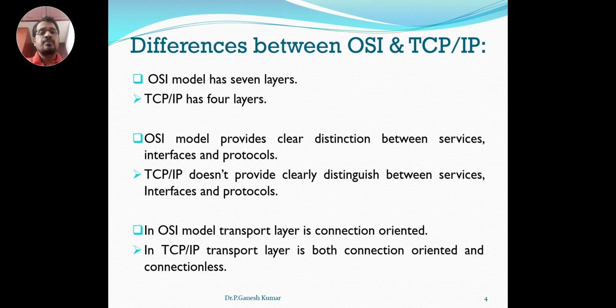The Transmission Control Protocol supports connection oriented services, whereas the User Datagram Protocol supports only connectionless communication. Connectionless means it doesn't provide any acknowledgement to the sender for the packets or data it receives.